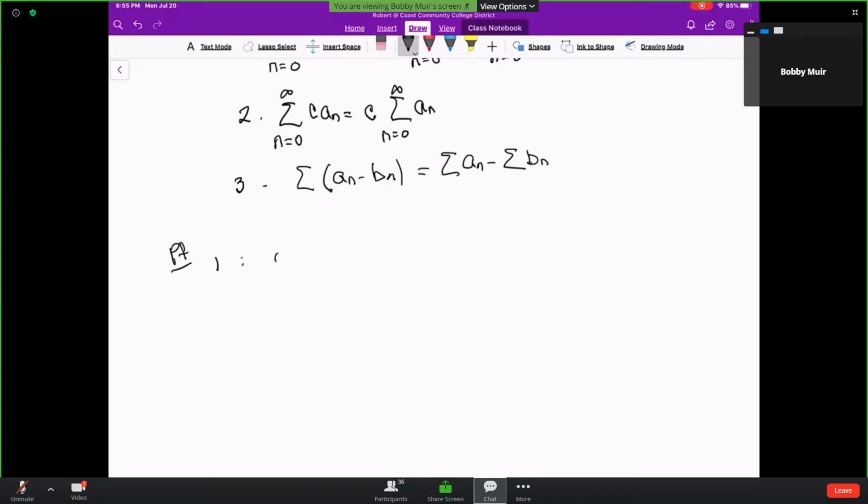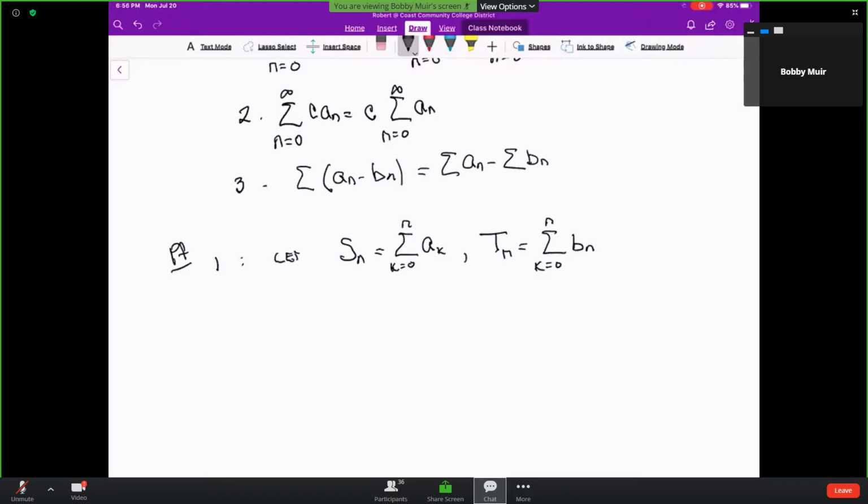Okay. Let's let S sub n be the sum k equaling 0 to n of a_k, and let's let T sub n be the sum k equaling 0 up to n of the b_k's.